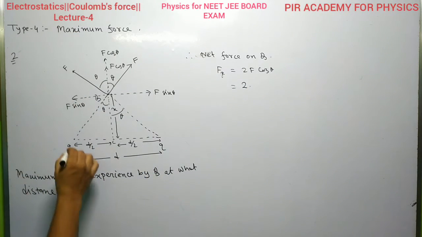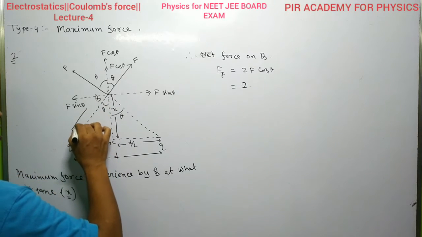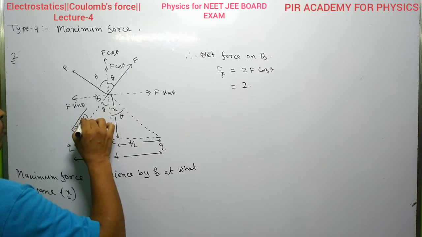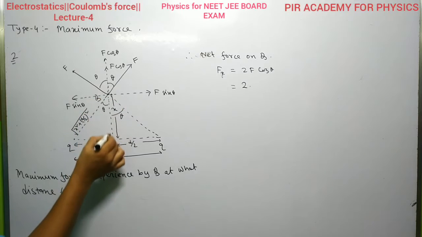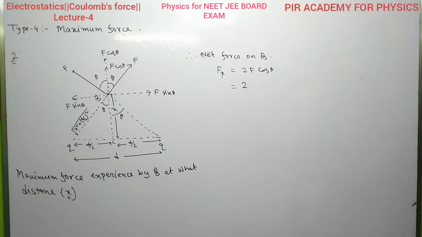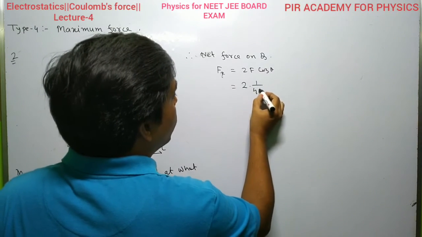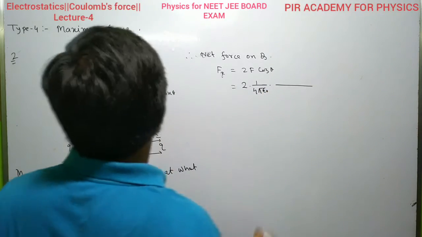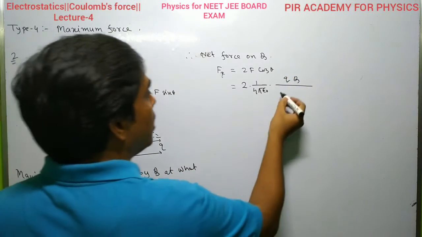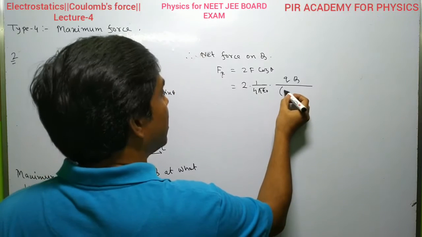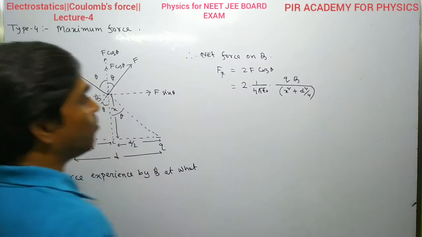So what is the 2F cos theta? This distance is root over x square plus (d by 2) the whole square. So this is d by 2, this is x, so the distance will be root of x square plus (d by 2) whole square. So it will be 1 by 4 pi epsilon naught into q into q, divided by the square, so it will be x square plus d square by 4.